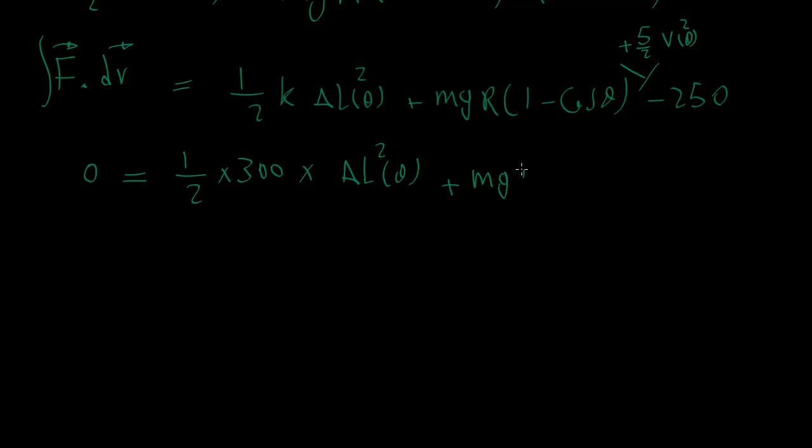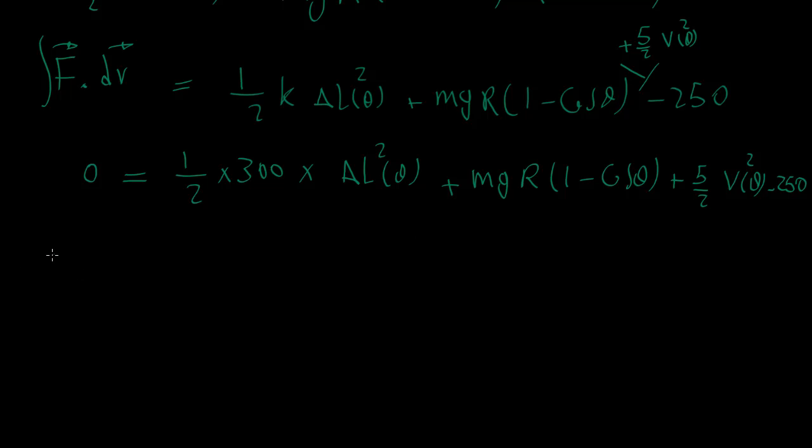So mgr(1 minus cosine theta) plus 5 over 2 v theta squared minus 250. So now we have an equation for v theta.